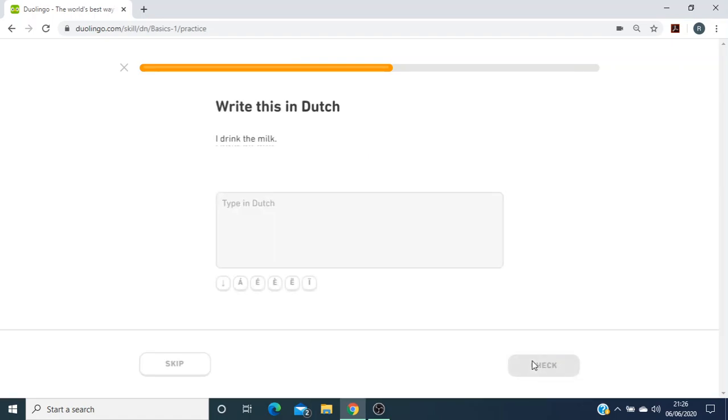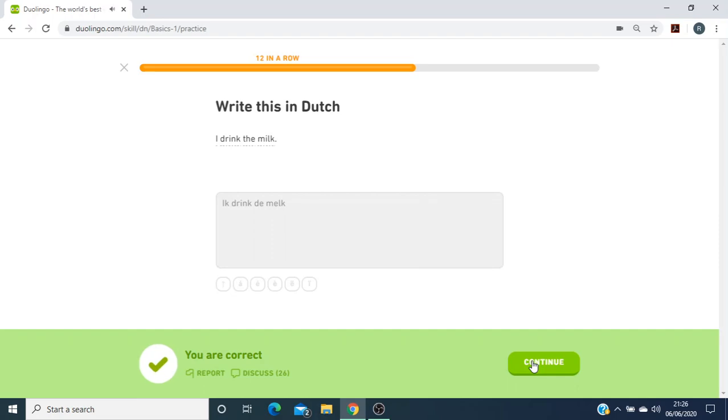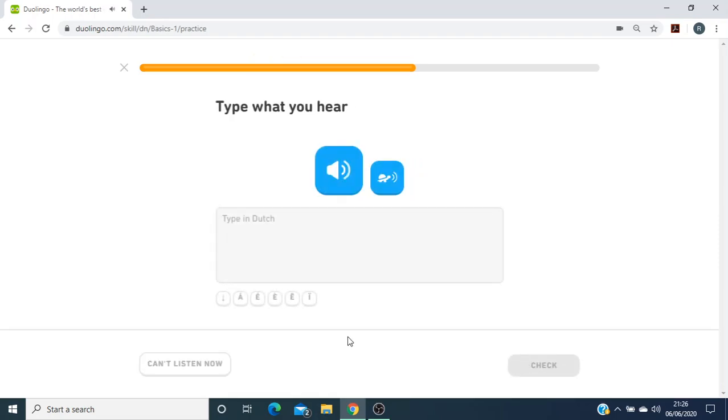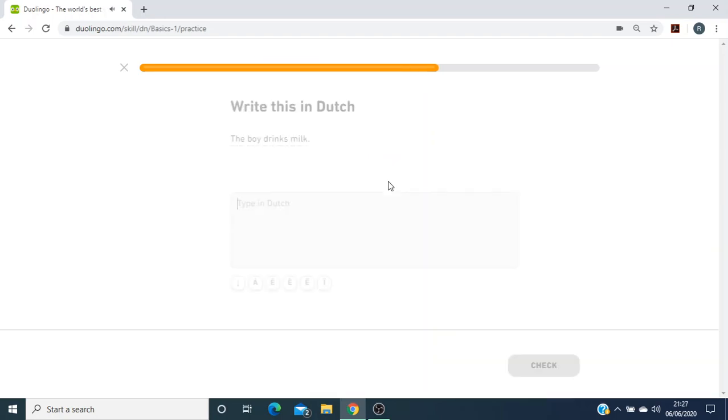I drink the milk. That's ik drink de melk. There we go. Hij is een kind. Let's slow that down so you can hear that better. Hij is een kind. He is a child. The boy drinks milk.